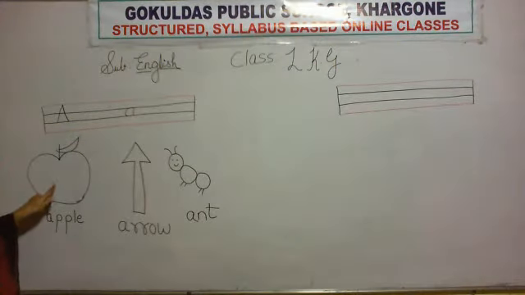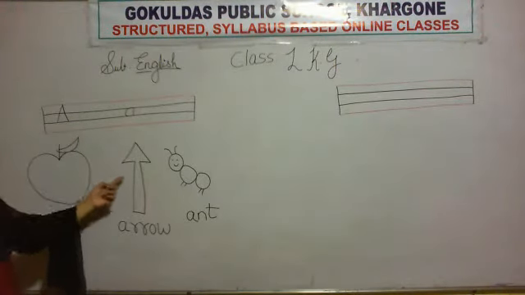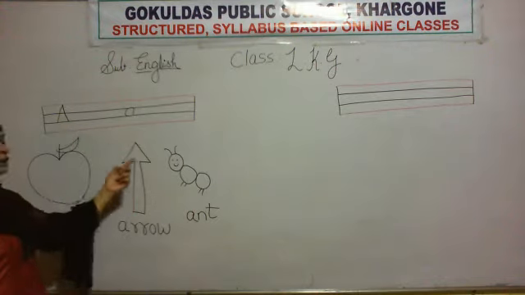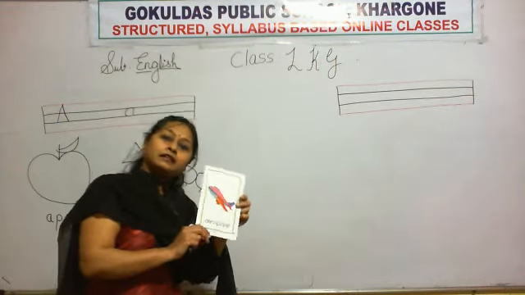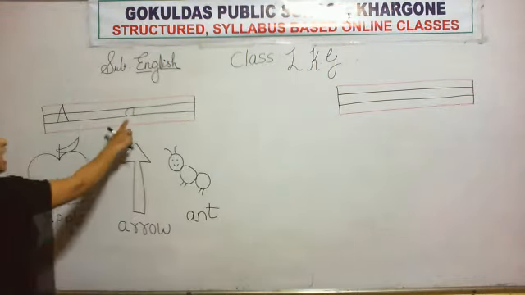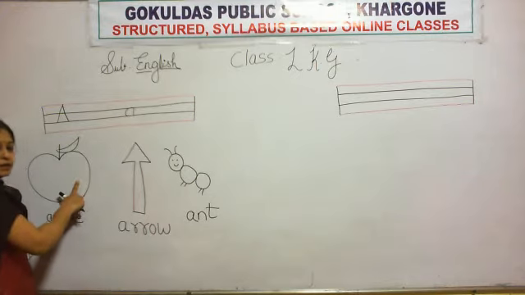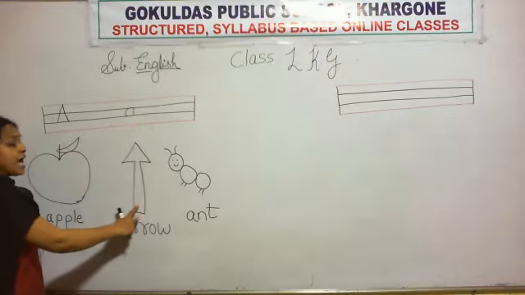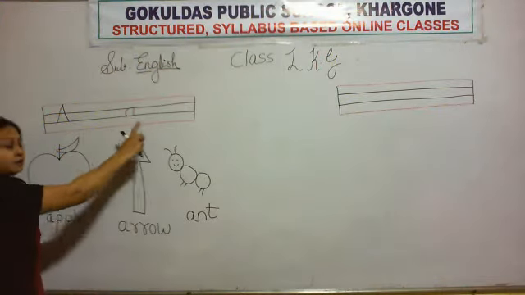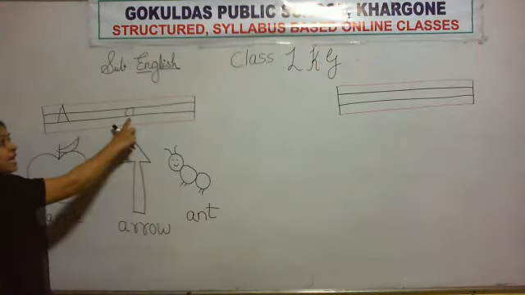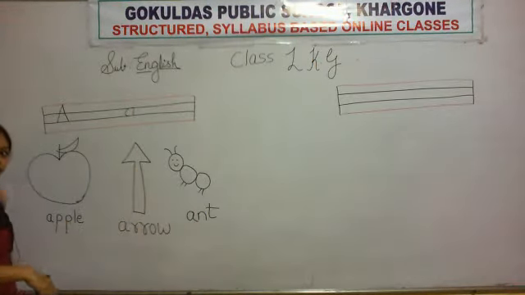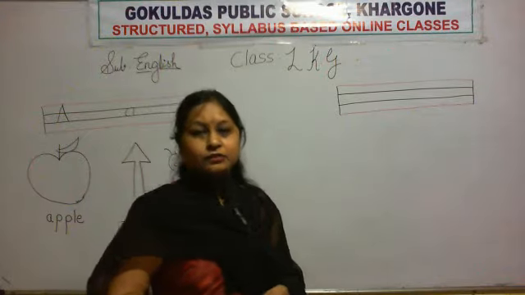A for apple, A for arrow, A for ant, A for aeroplane. Apple, apple, arrow, arrow, ant, ant. Okay, very good. You are so good.